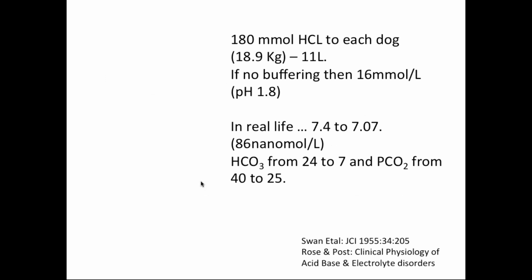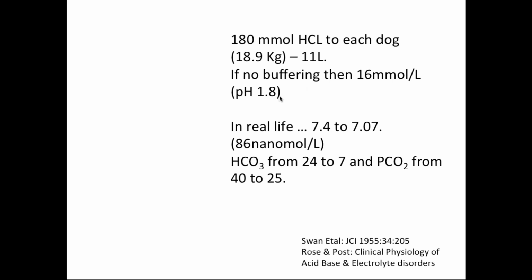So now this is some of the dog studies that were done to see what is happening in real life. What they did was they added 180 millimoles of hydrogen chloride to each dog. The dog weighed about 19 kgs and their volume of distribution was about 11 liters of fluid volume, water. If there is no buffering, then the H plus concentration would have gone up to 16 millimoles per liter, and the pH would have gone down to 1.8, which no one can survive.